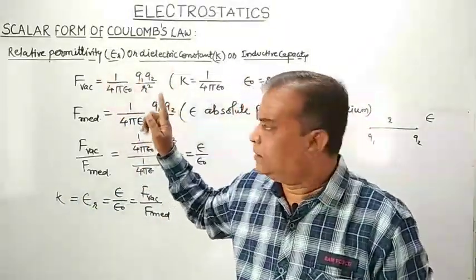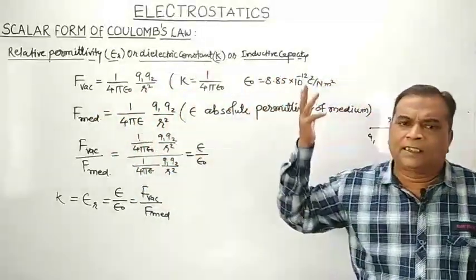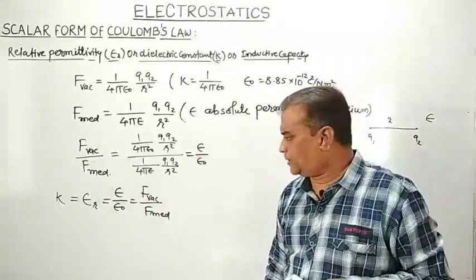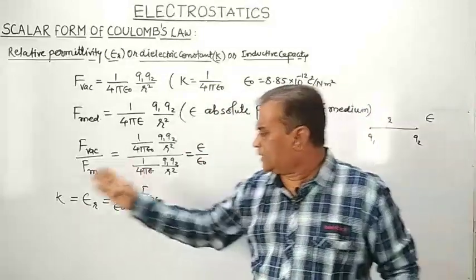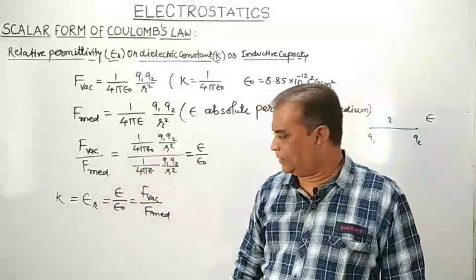What do we want to study? What relative permittivity or dielectric constant K of the medium means. So here we will get a mathematical expression for dielectric constant or relative permittivity, K or epsilon r. It is a ratio. Relative permittivity is a ratio of the absolute permittivity of the medium to the permittivity of free space. So how can you define the relative permittivity?